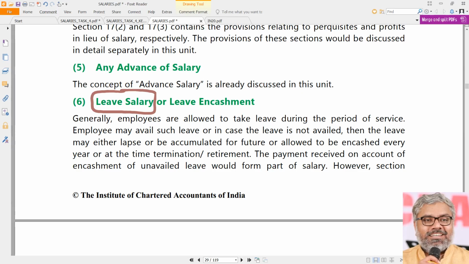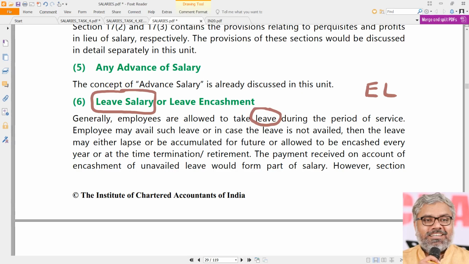Normally, while the employees are in service, they will be taking some leaves, and there will be many types of leaves: casual leave, medical leave, special leaves, sometimes optional leaves. We are not bothered about all those leaves. We are talking here about what is popularly called earned leave, EL.